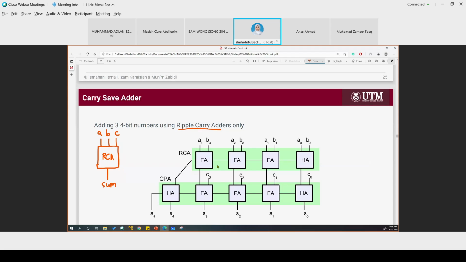So up here, if you are using the ripple carry adder, we can only add two inputs, which is input A and input B, right?